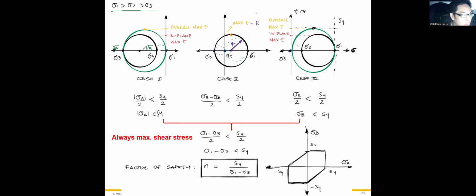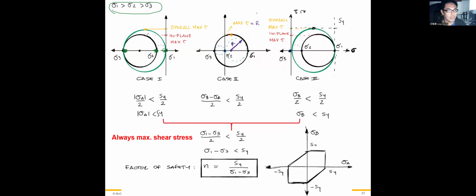Right now, we just modify A, B to 1, 2, 3. However, we also have to follow the rule of thumb, so sigma 1, sigma 2, and sigma 3.